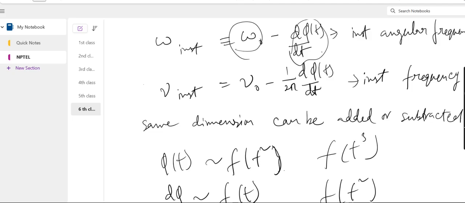Like 2 pi doesn't have the power to change t to t inverse or t to the power 0. So if the instantaneous angular frequency is a function of something, most likely the instantaneous frequency will be the same function of t.